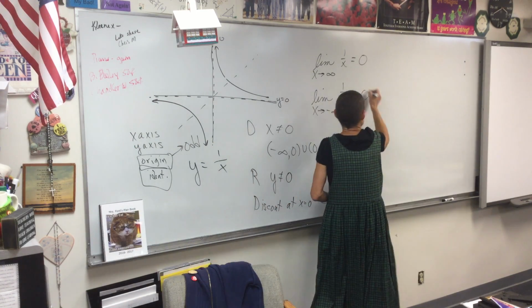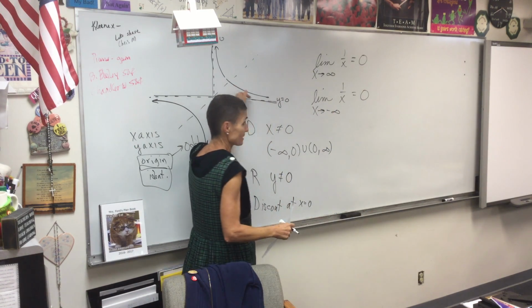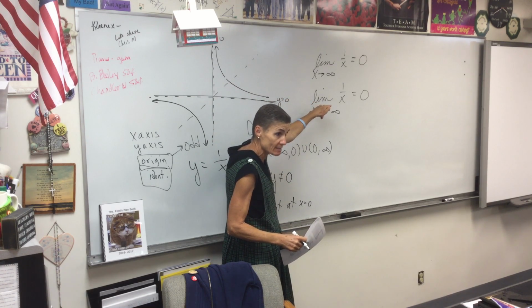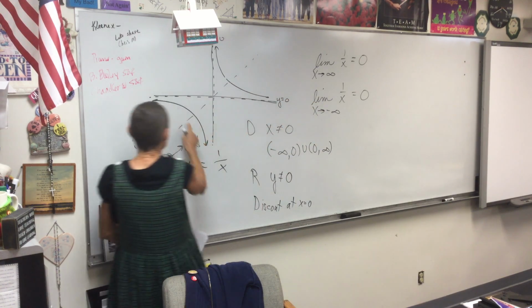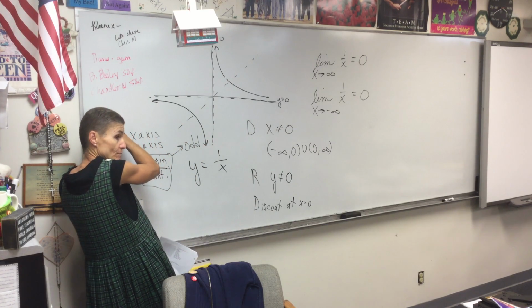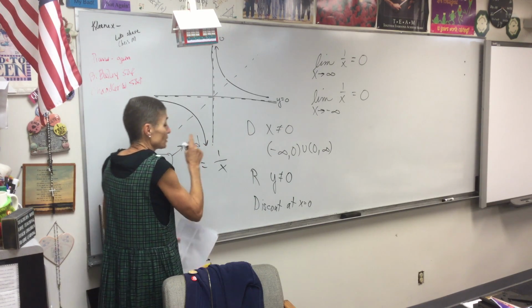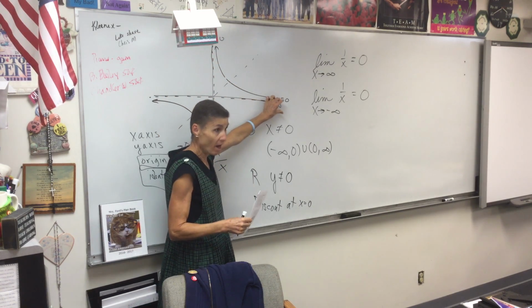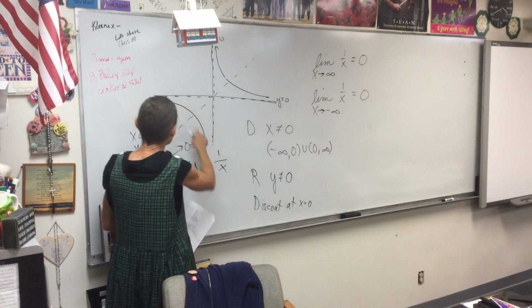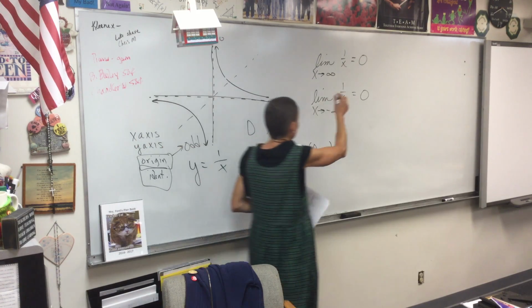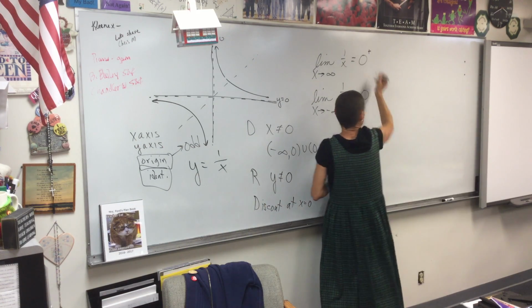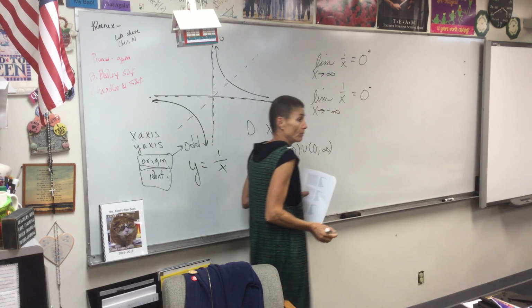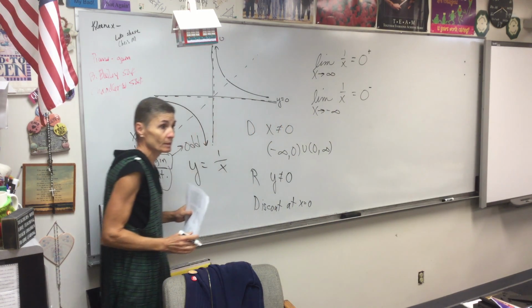Now, we have to make a distinction though, because see how the curve is coming down, down, down, down, down, getting closer to the asymptote. This one is going up, up, up, up, up, getting closer to the asymptote, right? To make the distinction between approaching from the top and approaching from the bottom, we put a little plus sign if we're approaching from the top, and a little minus sign if we're approaching from the bottom.